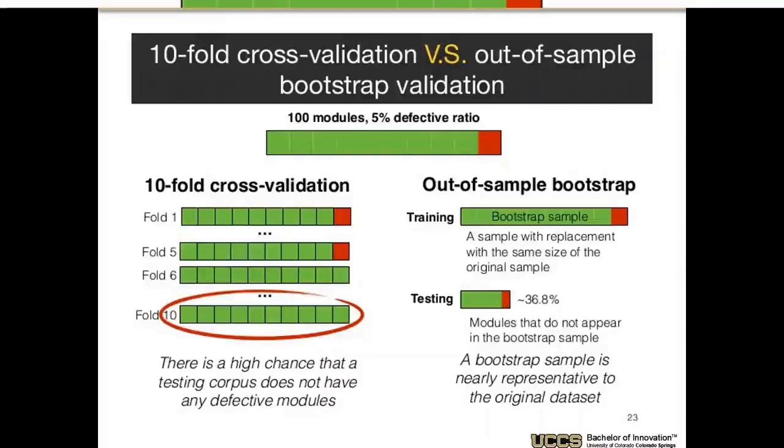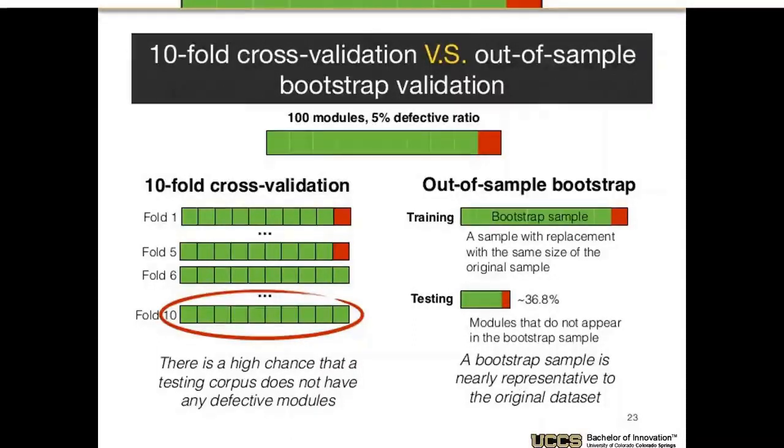Out-of-sample bootstrapping is a commonly used technique. If I look at 10-fold cross-validation versus out-of-sample bootstrapping, and assume that I have 100 modules and a 5% defect ratio, chances are really good if I do 10-fold cross-validation that I will get a fold that will never have any defects.